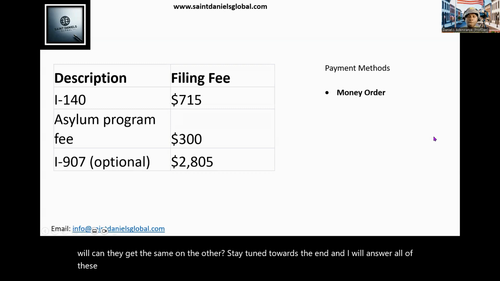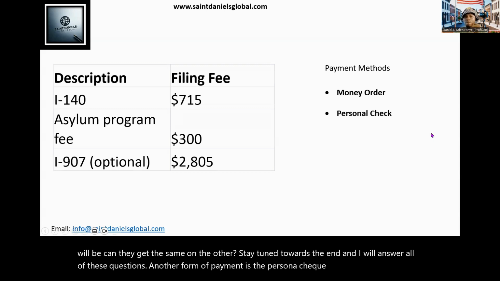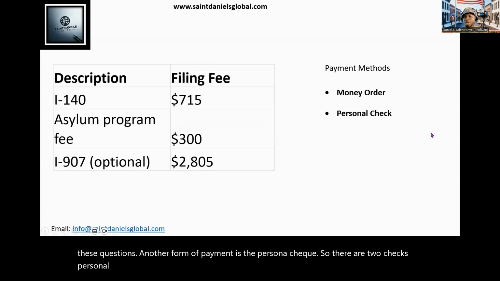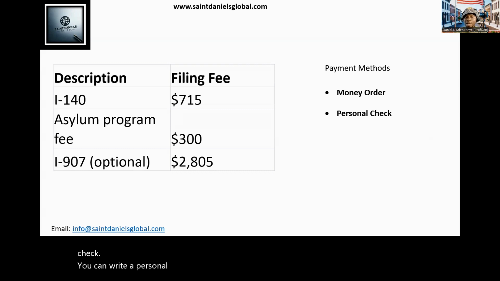Another form of payment is the personal check. So there are two checks, personal check or cashier's check. Again, I will explain that. Now for the personal check, you can write a personal check from your bank checking account. There is checking account, there is savings account. Take notes.